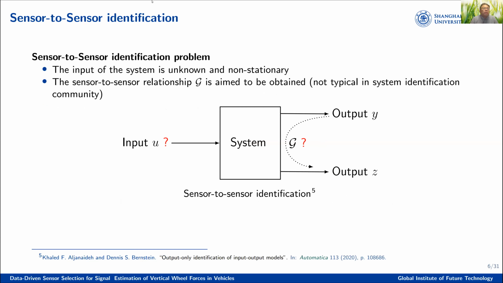Another important terminology we are going to discuss today is sensor-to-sensor identification. It is a very special type of system identification, but not the same. For the sensor-to-sensor identification problem, the biggest difference is that the input of the system, U, is typically unknown and non-stationary.